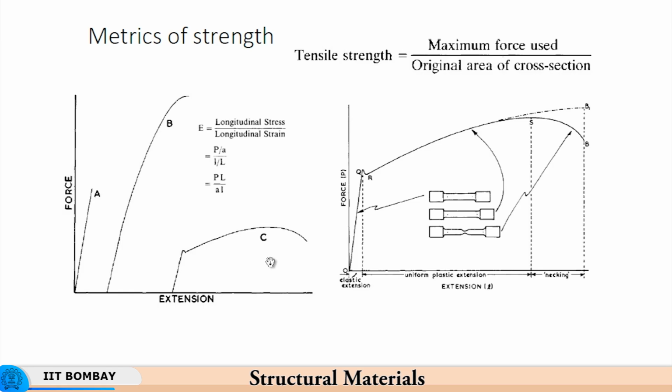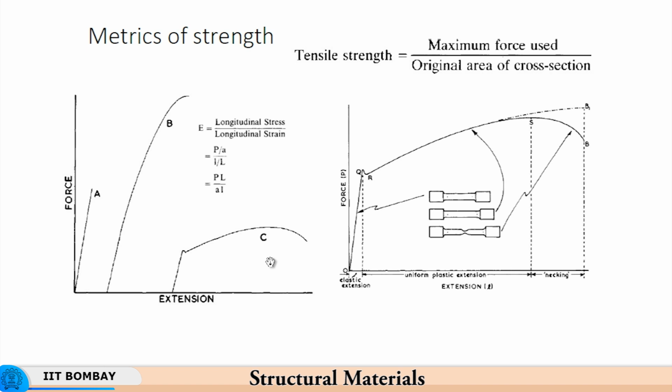So this part is called elastic, but then I told you that there is a point beyond which there is permanent deformation that cannot be retrieved, and the material stays in its deformed condition. So there is a point Q beyond which the material does not recover its undeformed state.